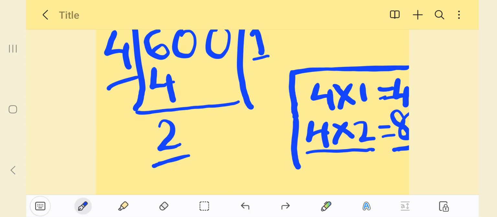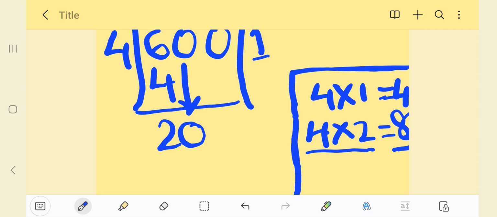So do we have more numbers to bring down? Yes, we have this 0 to bring down. We bring it down, and it joins with 2. It became now 20. When it became 20, we need to look at this times table. How much can we go?